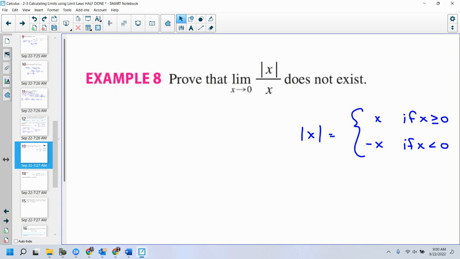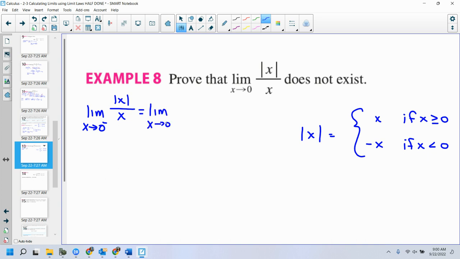Well, the limit as x goes to 0 from the left of the absolute value of x over x. Well, that's going to act like, what can I replace the absolute value of x with if I'm only looking at the left side of it? Negative x, right? So the limit as x goes to 0 negative of negative x over x.